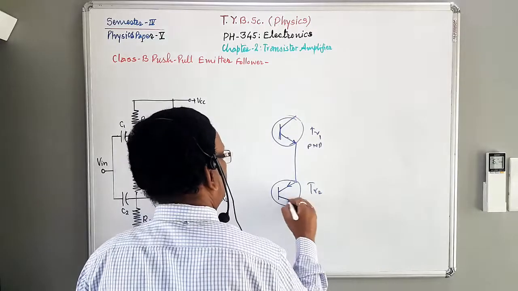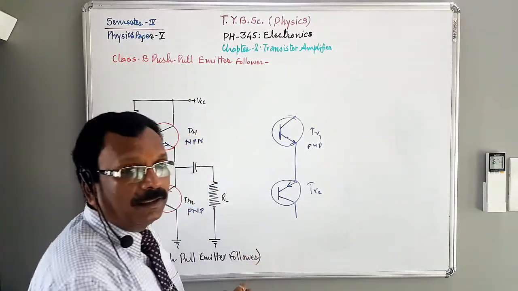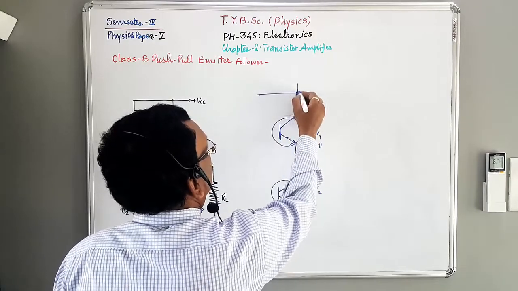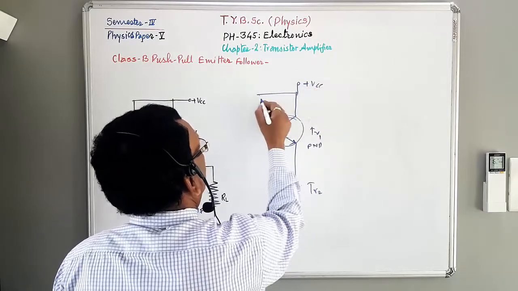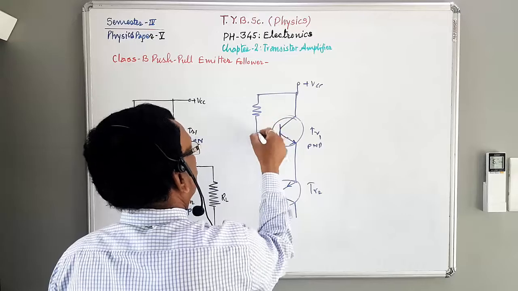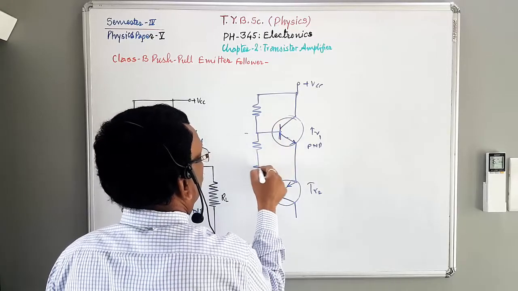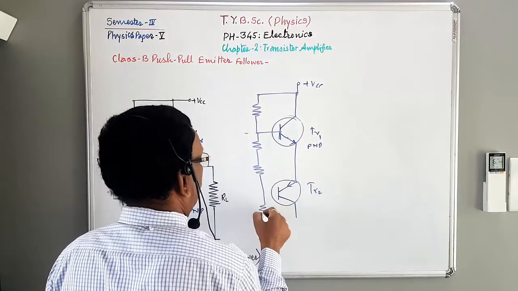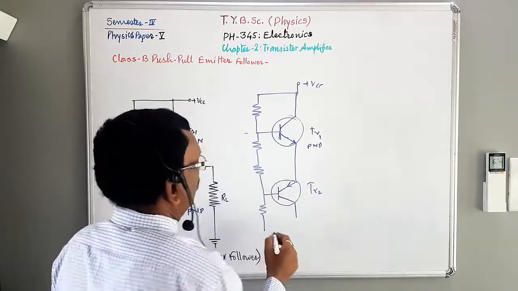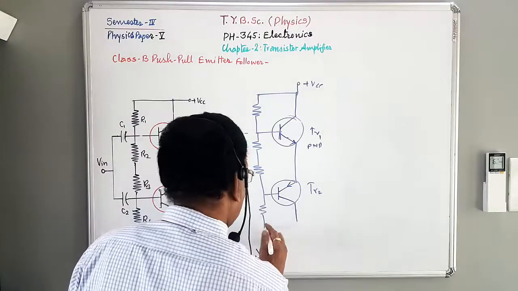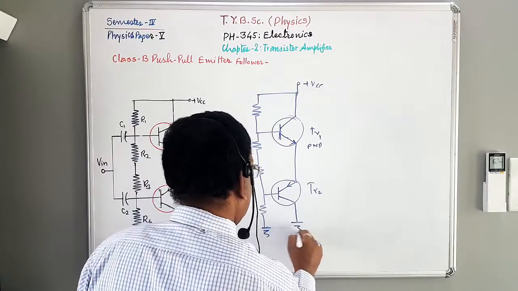This is the collector. See here, it looks like this, this is the equivalent circuit.